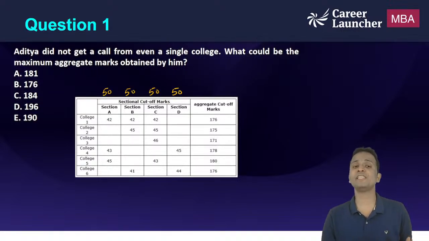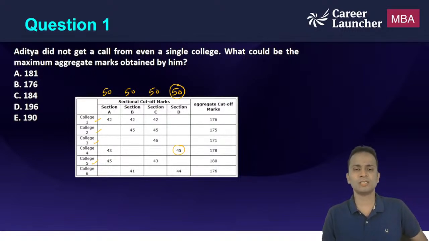Now can I get 50 in 3 of the subjects? Let's say first 3 subjects I'll get 50 and here I'll not get 50. So if I get 50 in first 3 subjects, right? So I may be getting a call from college 1, college 2, college 3, college 4 का पता नहीं है because college 4 में 45 marks I need in section D. कॉलेज 5 से आ सकता है, कॉलेज 6 का पता नहीं है. ठीक है?